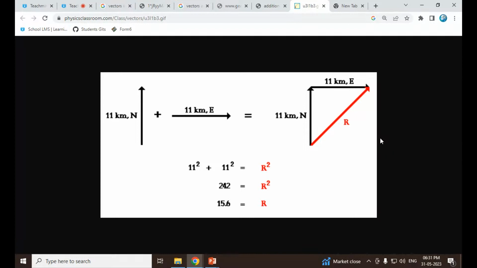This is your C. At this point you stop, and again you change your direction. You came to D, and again you end up coming back to A. Now the question is, what is the value of displacement?